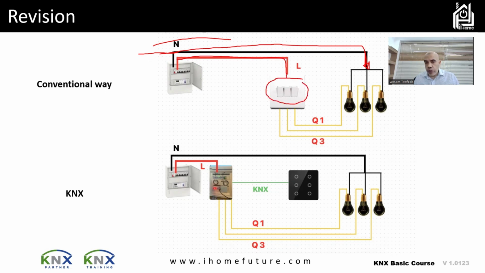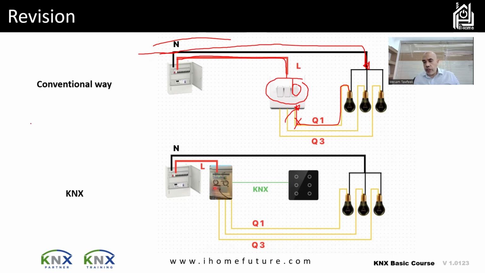And the connection between the manual switch and the load is directly from the switch to the load. Whenever I want to change anything, so if I want this button to control a different lamp, then I have to take off this cable and put a different cable. So the connection between the switching devices and the loads is a physical connection. I have to unscrew my device and put a different cable to get the connection done.